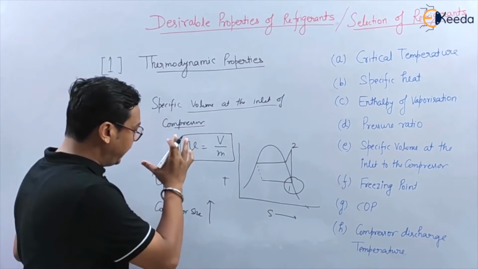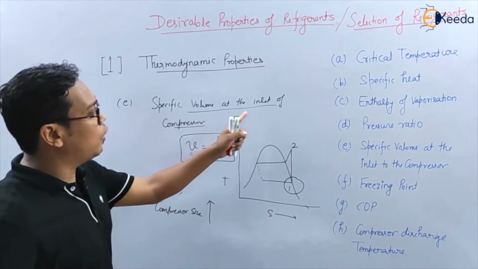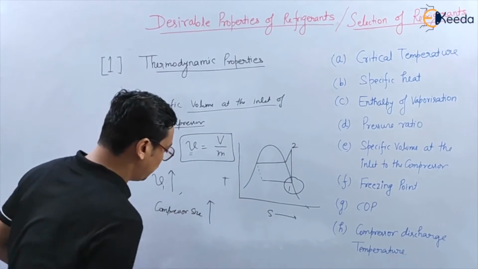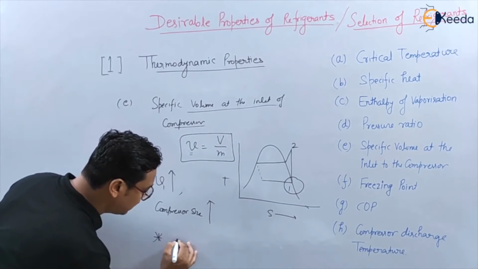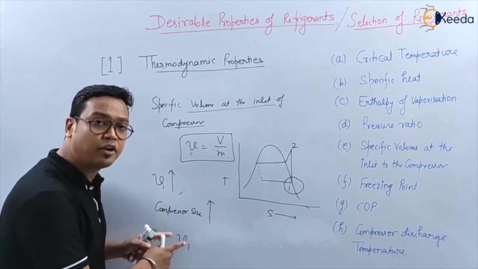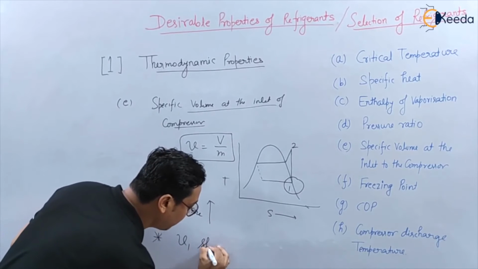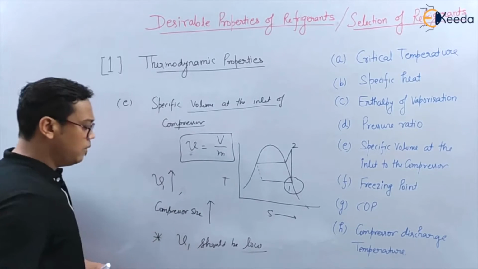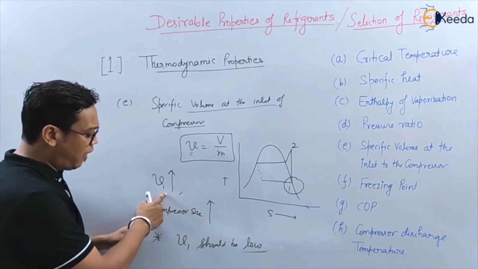So it is desirable that the specific volume at the inlet of a compressor should be low, because compressor size increases.